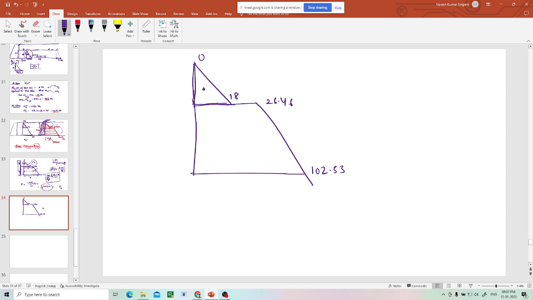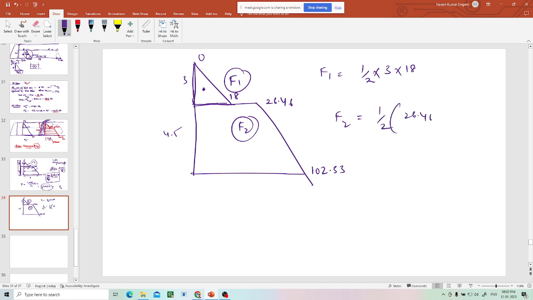I'll calculate force 1 separately, force 2 separately. Force 1 is nothing but half multiplied by 3 meters. This is 3, this is 4.5, 3 multiplied by 18. And force 2 I'll do half of 26.46 plus 102.33 multiplied by 4.5.